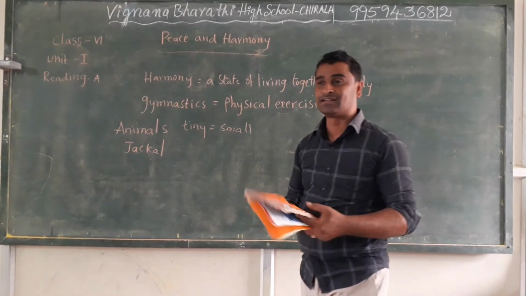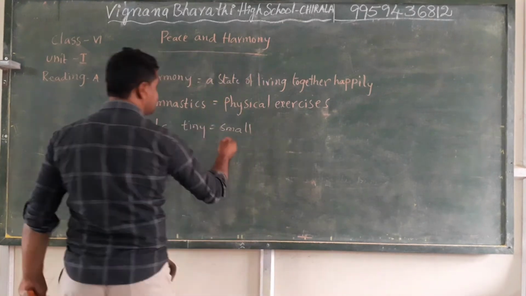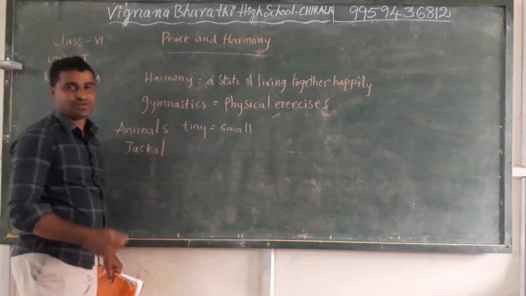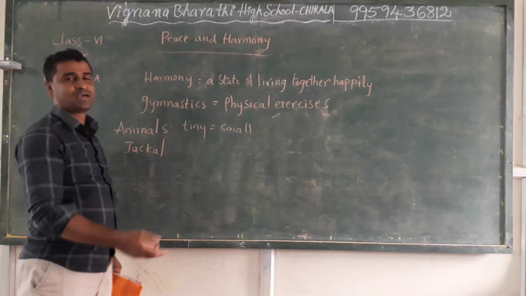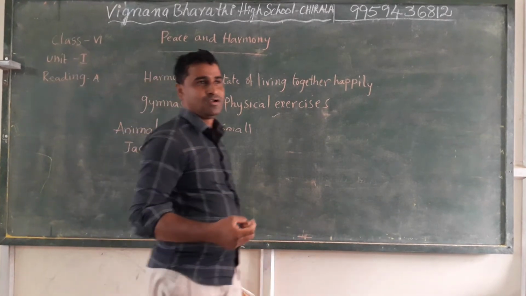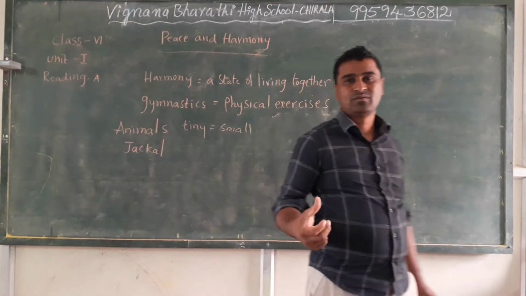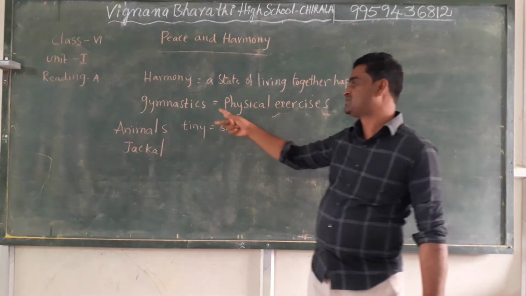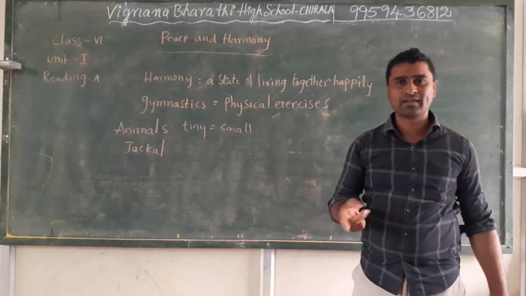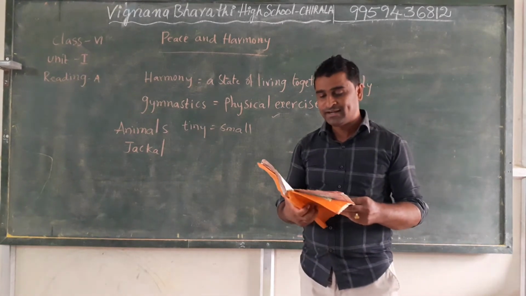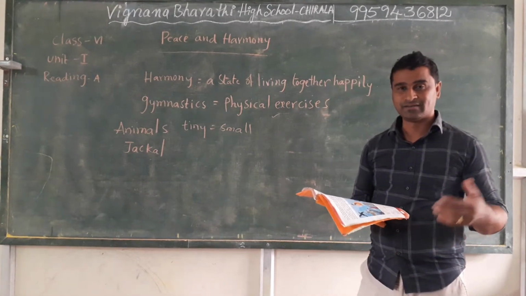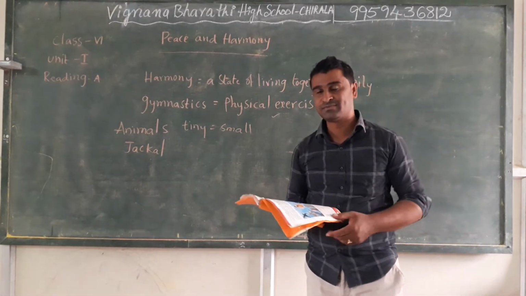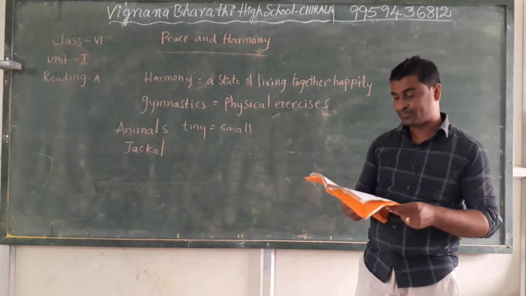Gymnastics, physical exercises. We know, no? Physical exercise, jumping here and there, doing some kinds of exercises. Okay, high jump, long jump. All these are called gymnastics. So here the tiger and the bear exhibited gymnastics. They showed gymnastics. Exhibited means showed.